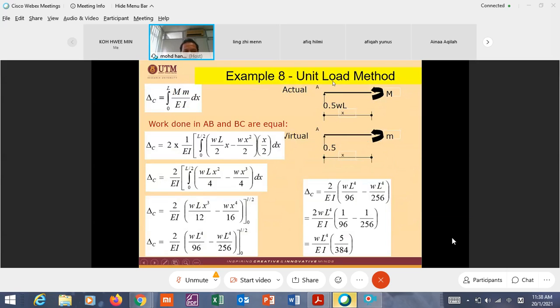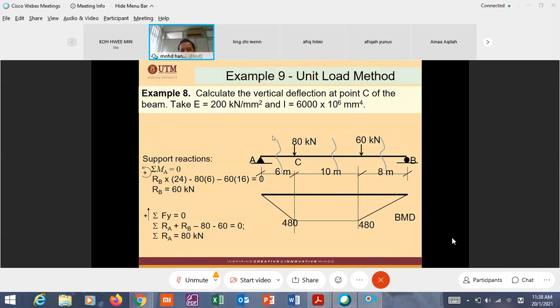Therefore, in this example, for this segment, the moment equation is based on starting from the right support B here. This one is the unit load.